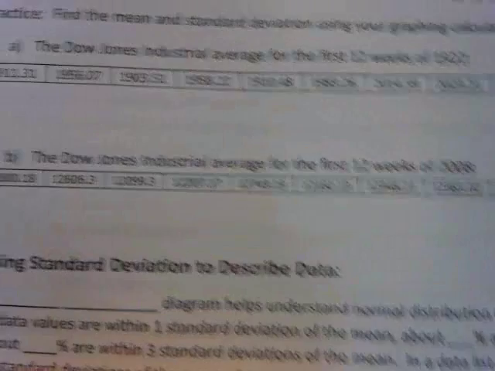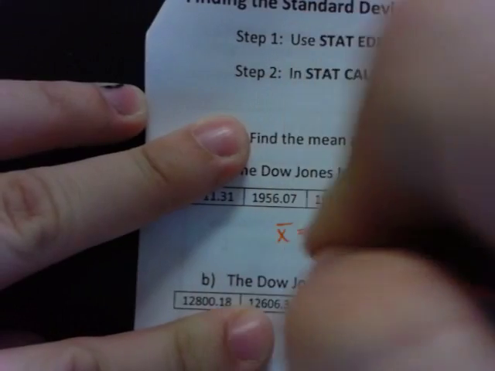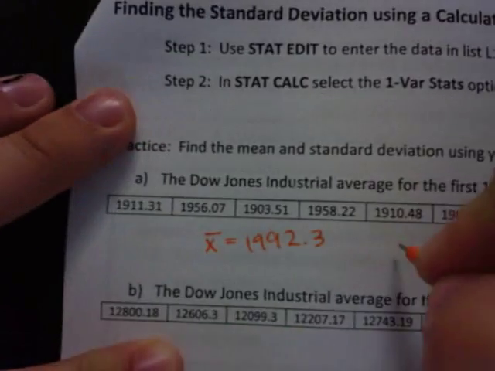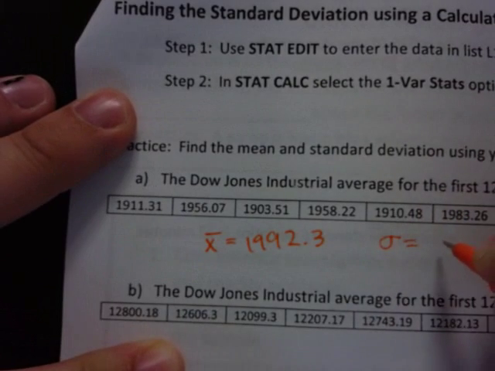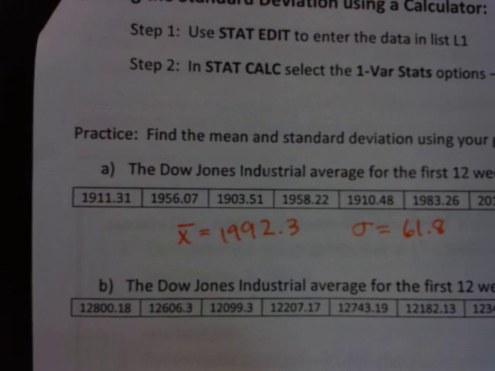So if I were doing this problem using a calculator, to find the mean and the standard deviation, well, the mean is 1992.3. The standard deviation is 61.8. Done.